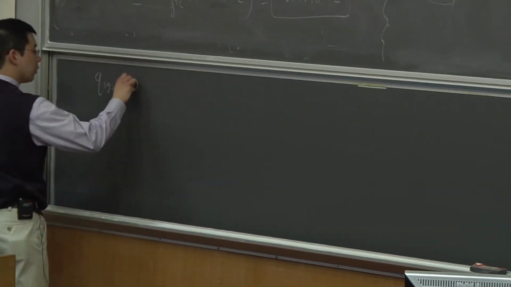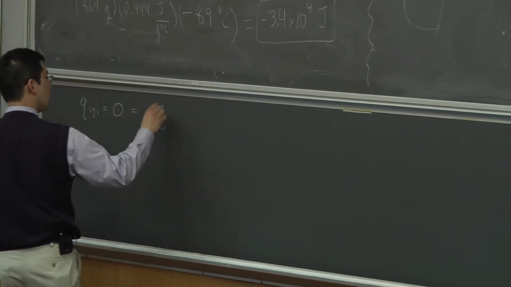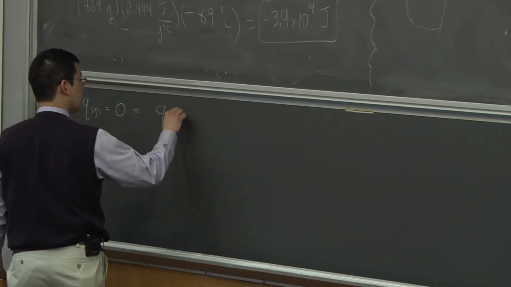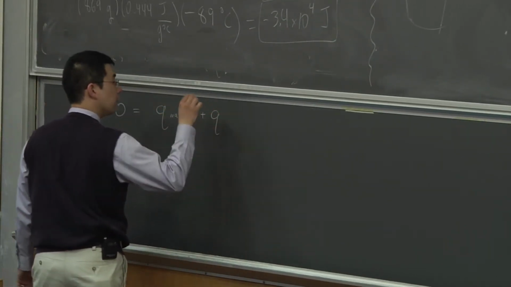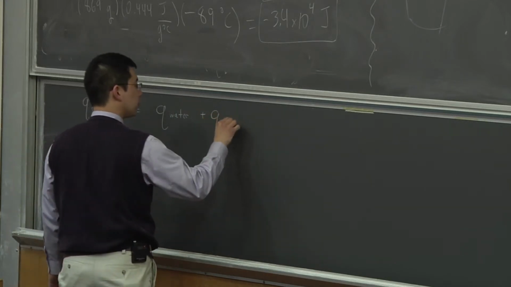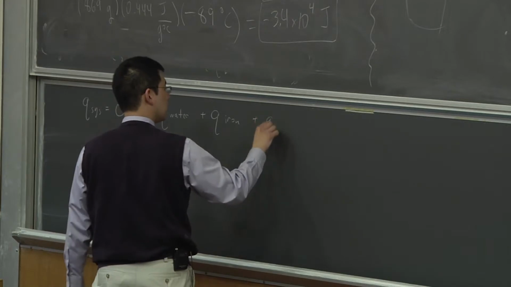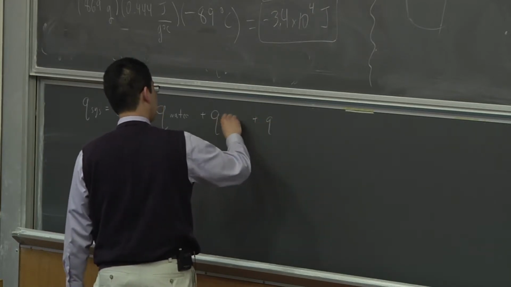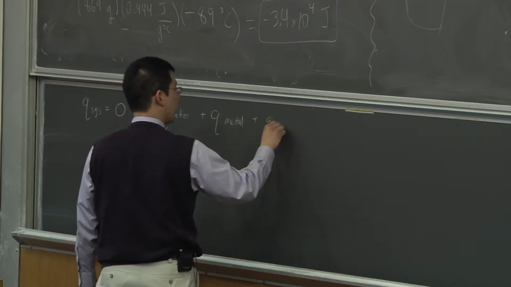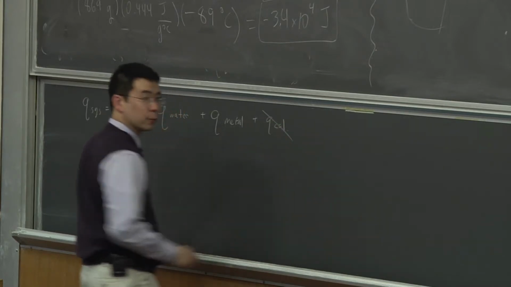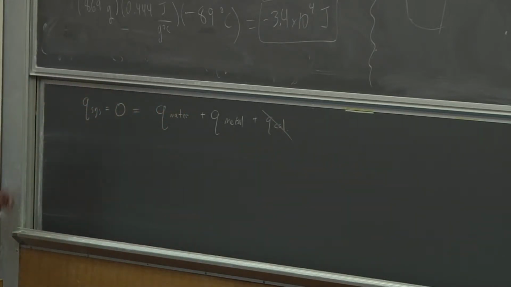So Q of the system equals 0 equals Q of the water plus Q of the metal, sorry, plus QCal. And QCal we're saying is equal to 0. We're ignoring the QCal and saying that that doesn't change very much at all.